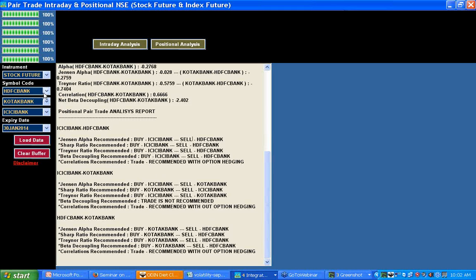So let me go for a technology stock. Infosys and TCS, but Infosys result is tomorrow, so that may not be a good pair now, but still we can go for that. Tech Mahindra, so let me analyze this one.